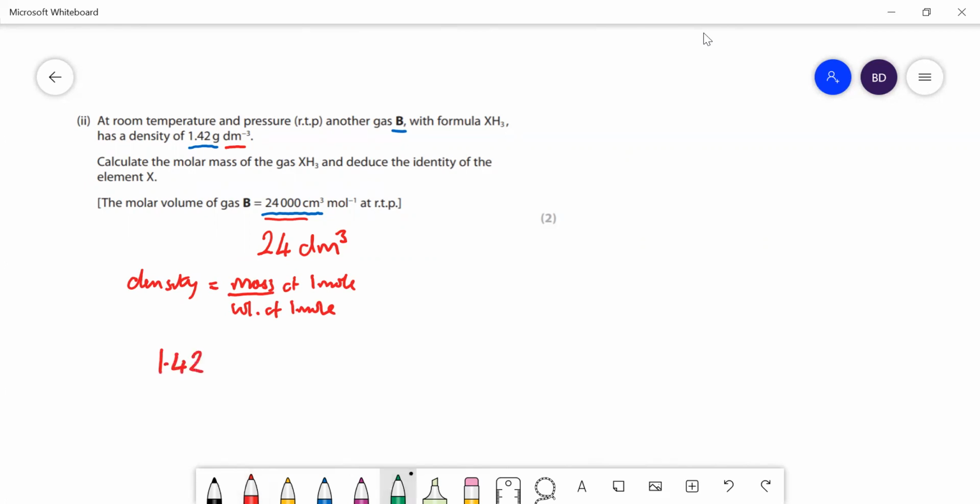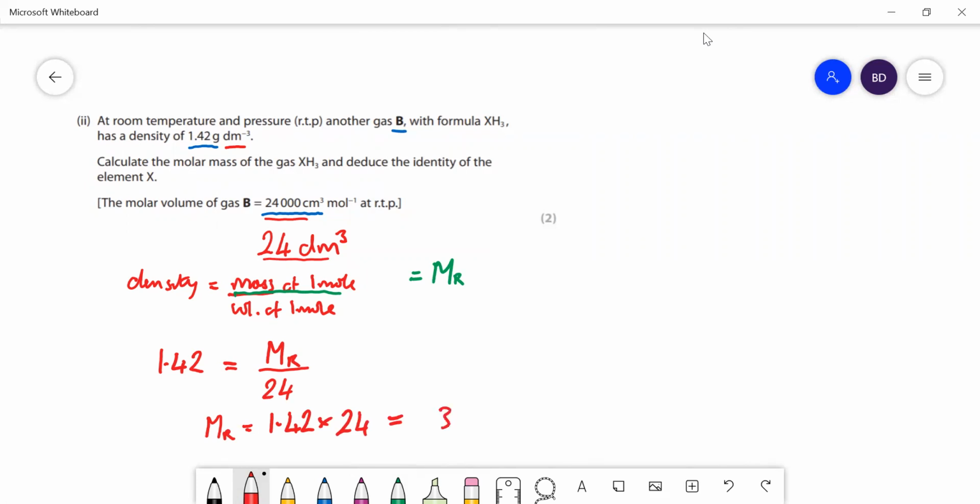Now the mass of 1 mole is, of course, the MR, the relative molecular mass. So MR over the volume of 1 mole, which is 24 dm cubed. So MR is equal to 1.42 multiplied by 24, which is equal to 34.08.